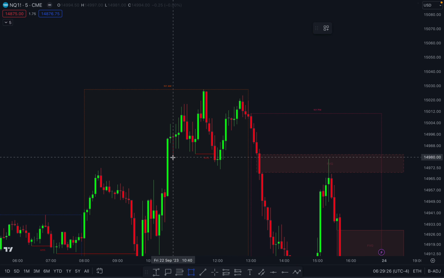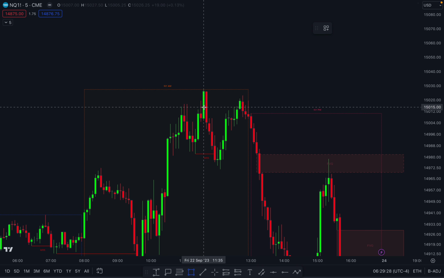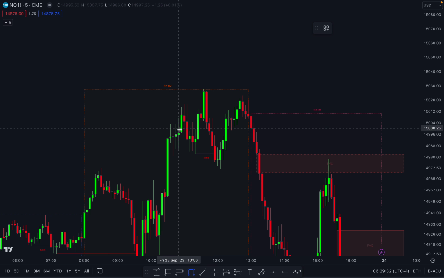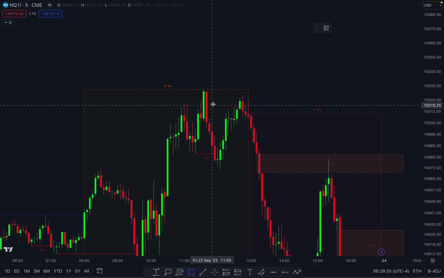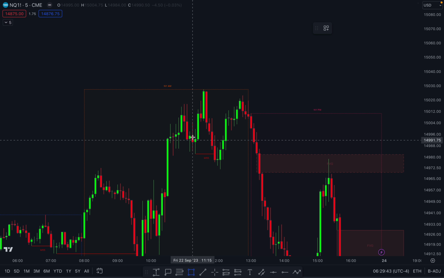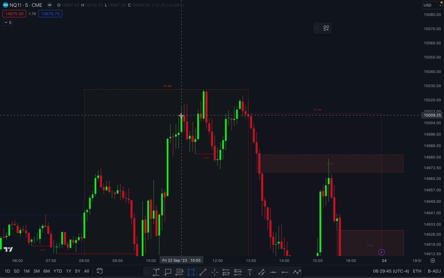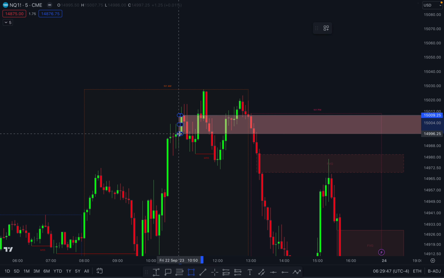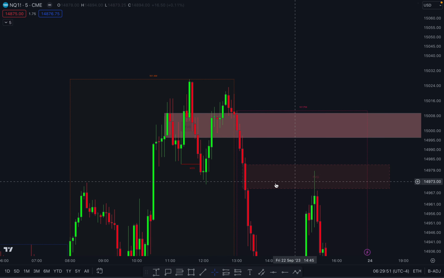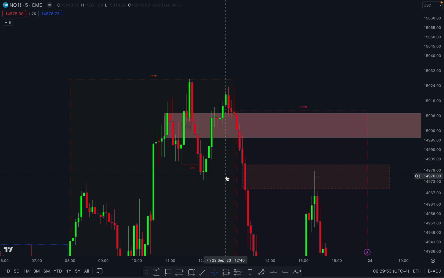But a breaker block, in the case of a short, is the first or the highest green candle in the leg that formed the MSS. So which one is that? This one over here guys. Is that correct? Yep.